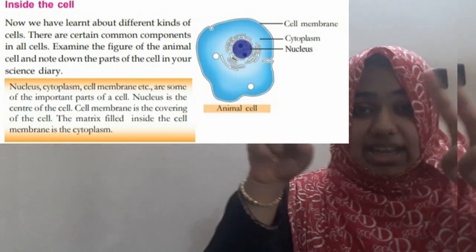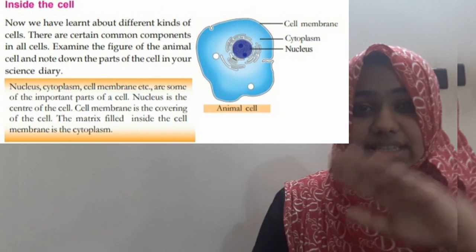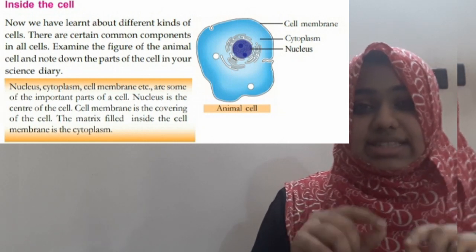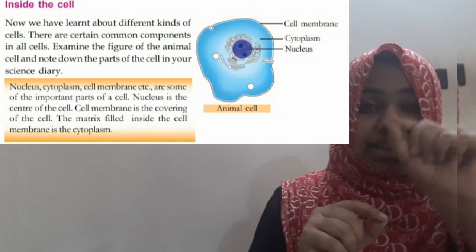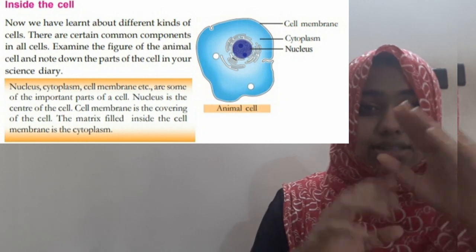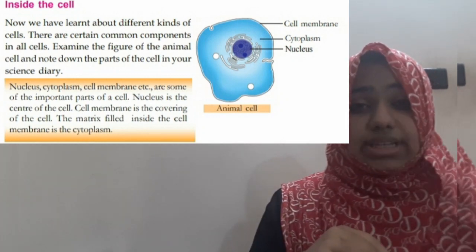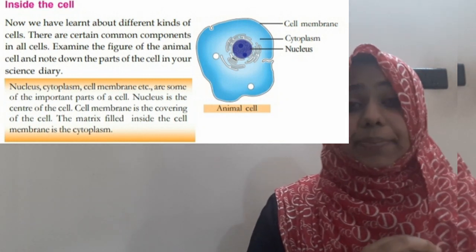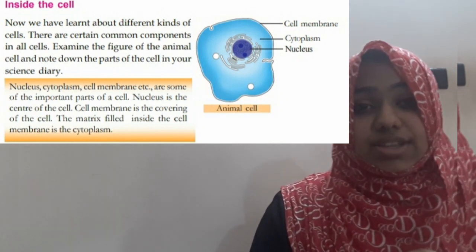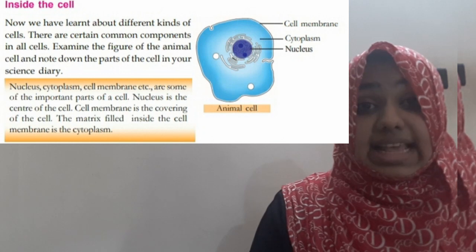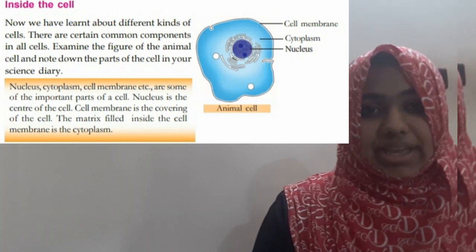You can see an outer cover, you can see it is filled with something, then inside you are finding again a small round and so many things around it. The outermost covering is called the cell membrane. It's called the cell membrane. Okay?